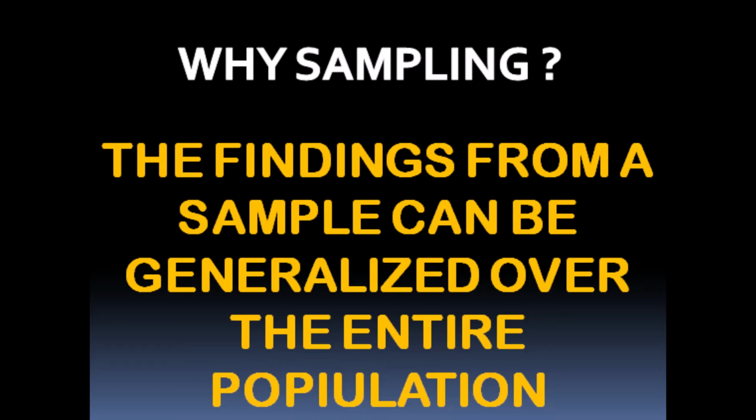And we want to be able to say for the entire population characteristics and features based on what we have discovered or found out from only a fragment of the population.